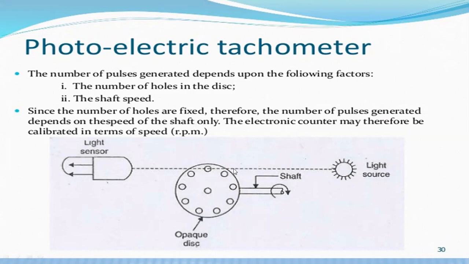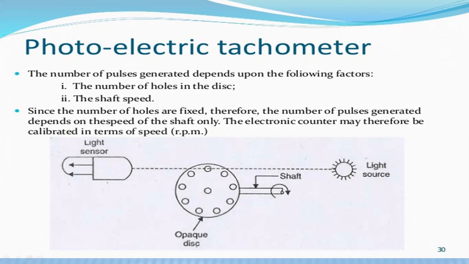So for the opaque disc we are taking, it depends on how many holes are placed in that opaque disc. Based upon this opaque disc, the light should be calculated as the speed of the rotating shaft.